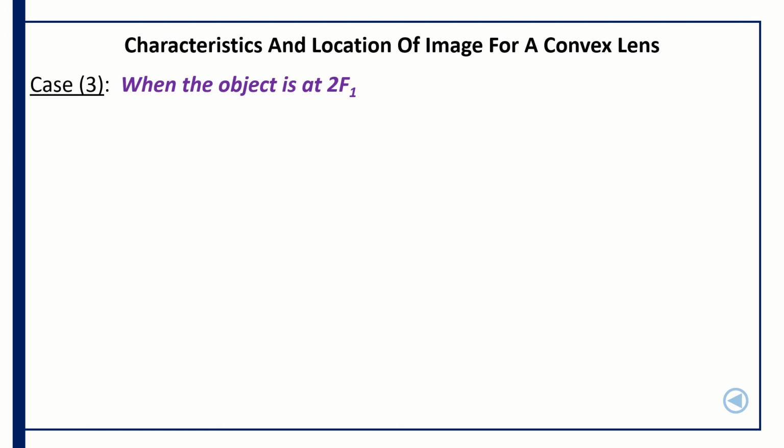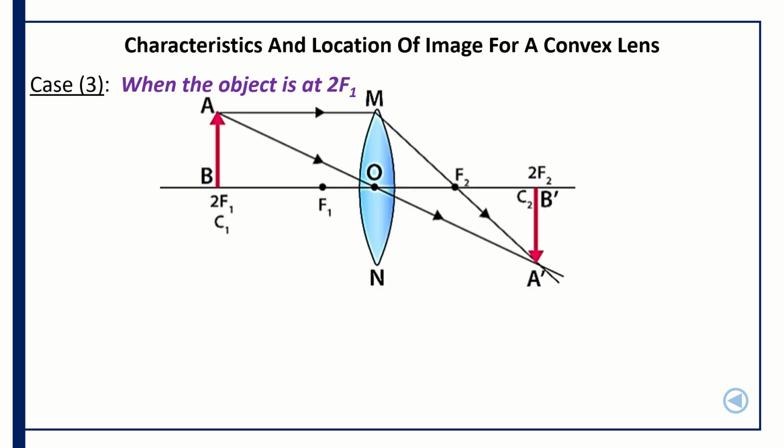Now, in case 3, we will keep the object at 2F1, that is twice the focal length of the lens. Then what happens? When we keep the object at this place, a parallel ray of light coming from the object will pass through the principal focus F2 of the lens, and another ray will be passing through the optical center of the lens.